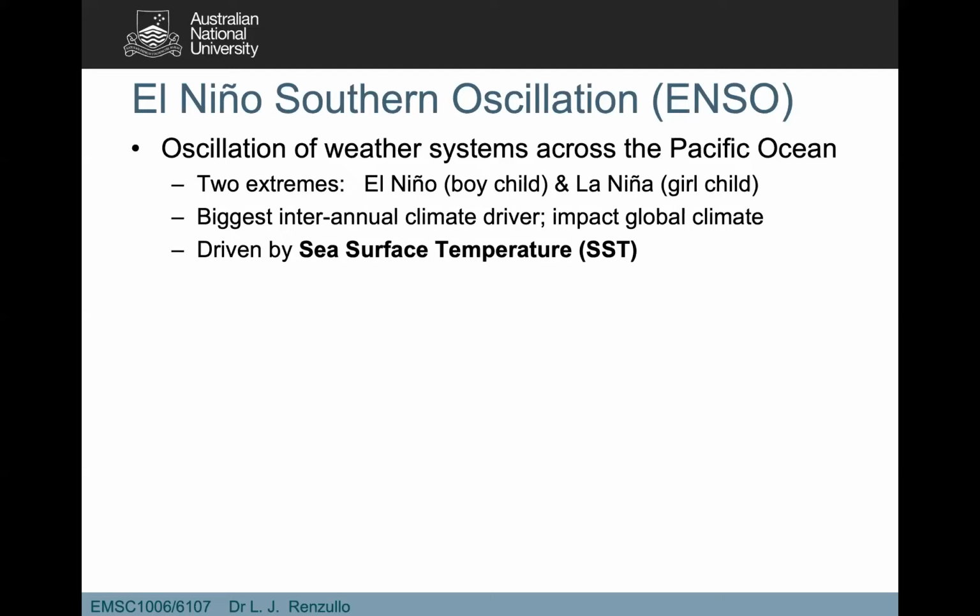The ENSO events are the biggest interannual climate drivers, and their impact is global. And largely it's driven by the sea surface temperature, which, you recall, drives the evaporation rates, and the pressure and temperature variations in the ocean, and therefore the differences in the currents.